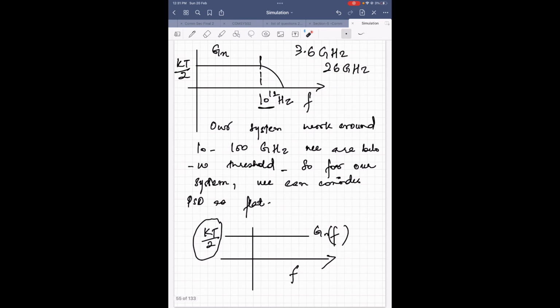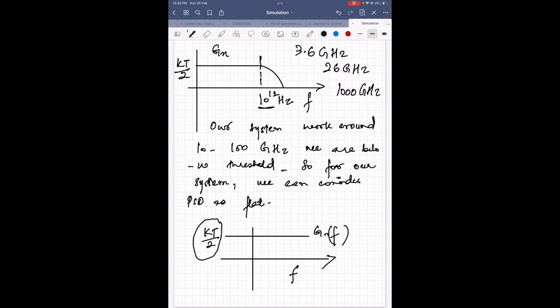Now, from the above expression, we saw that the power spectral density of noise is flat up to a certain frequency, which is known as the threshold, and after the threshold, it decays exponentially to 0. And this threshold is around 10 raised power 12 hertz, in other words, 1000 gigahertz.